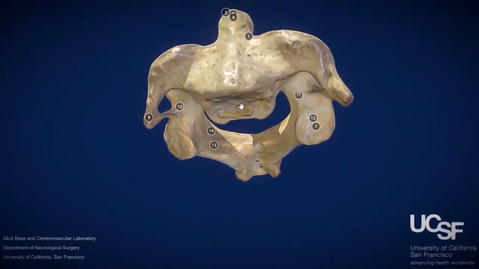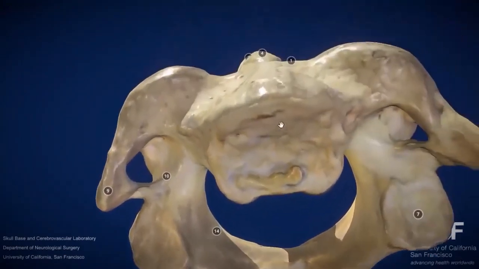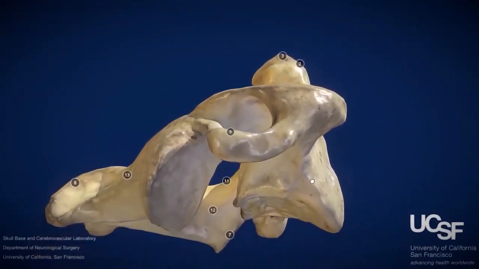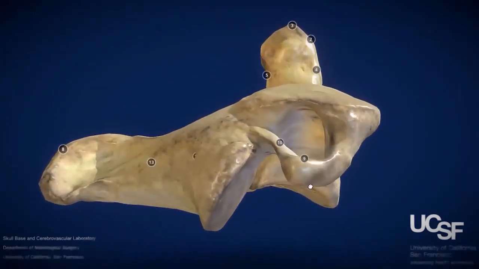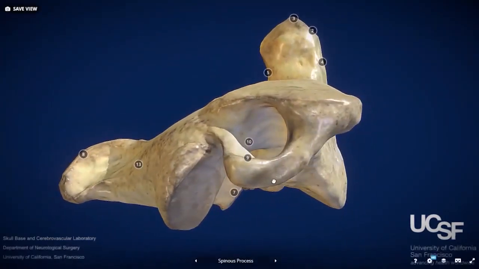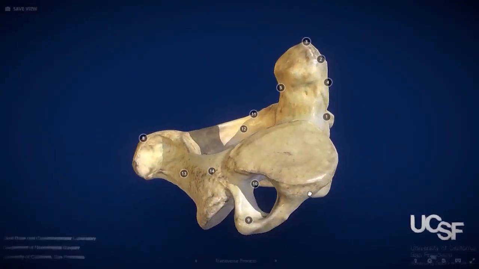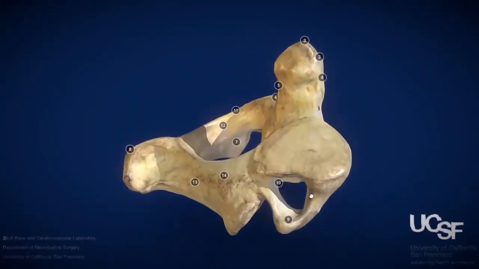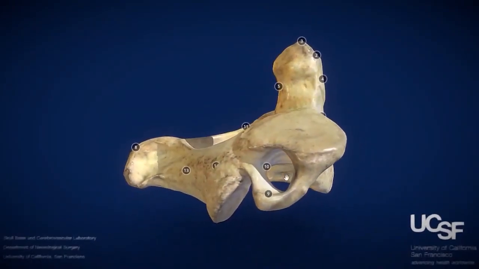Inferiorly, we have the inferior surface of the body of C2 that has an anterior projection for the interbody articulation with C3. Laterally, we have the transverse process, which is shorter and smaller than the transverse process of the rest of the cervical vertebrae.